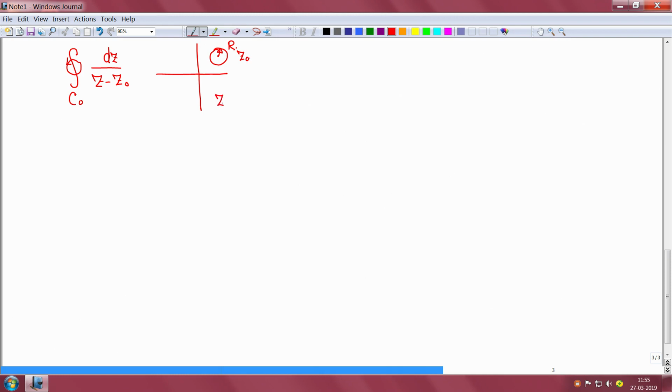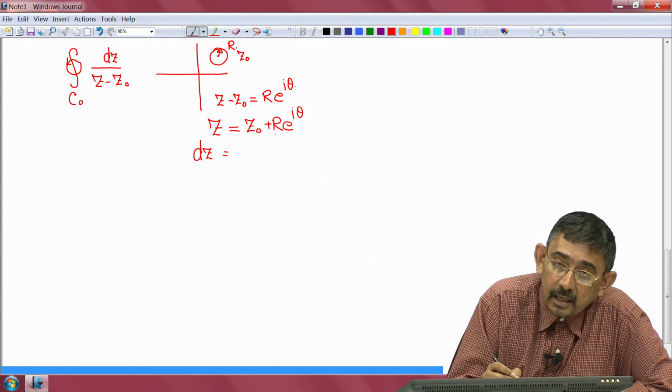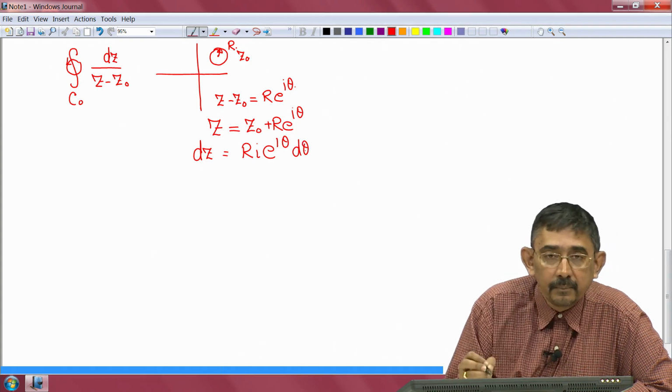So, z minus z0 I will replace with r e to the power of i theta. z then is equal to z0 plus r e to the power of i theta. Then dz is equal to, z0 is constant, r is a constant, so r i e to the power of i theta d theta.